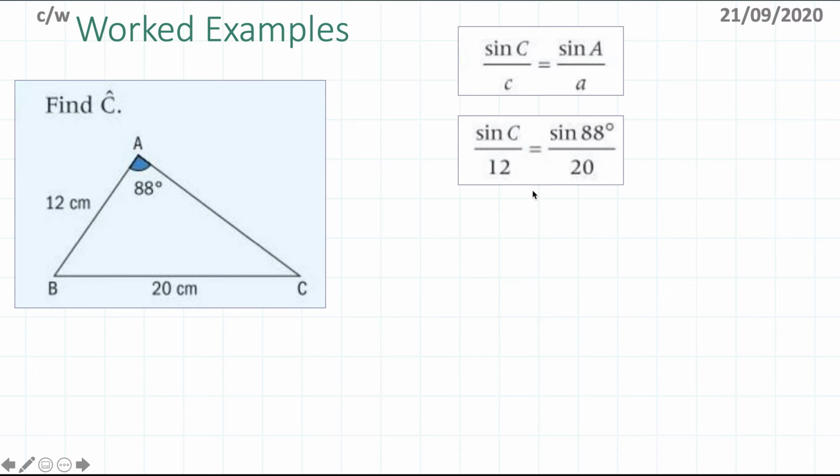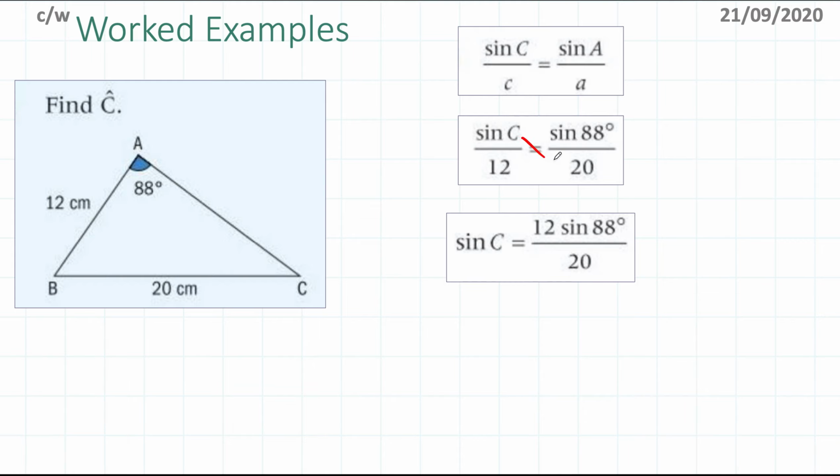So I'm going to substitute my values. Sine C is what I need to find, divided by 12, equals sine 88 divided by 20. Again, you can either cross multiply, so you end up with 20 sine C equals 12 sine 88.